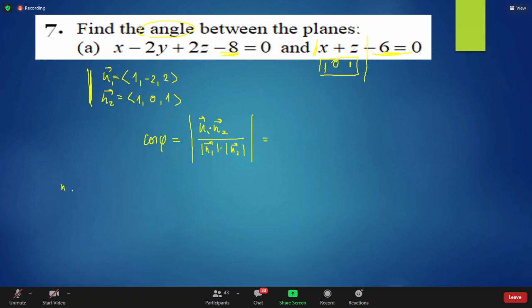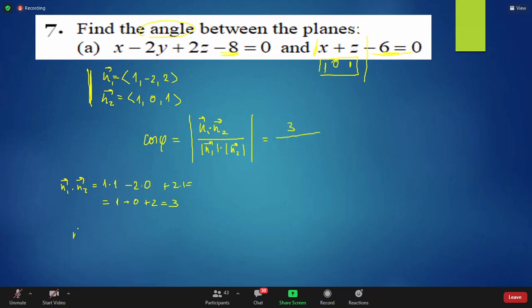The scalar product of the two vectors: 1 times 1 minus 2 times 0 plus 2 times 1 is 1 plus 0 plus 2, it's 3. All right, positive. No need for the absolute value sign. Now the magnitudes.